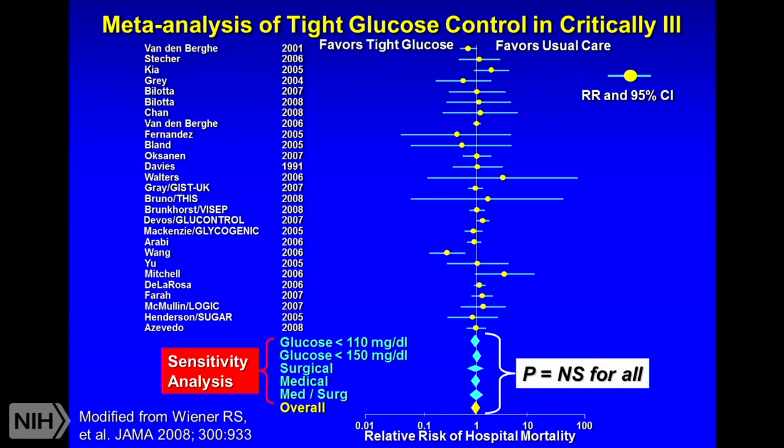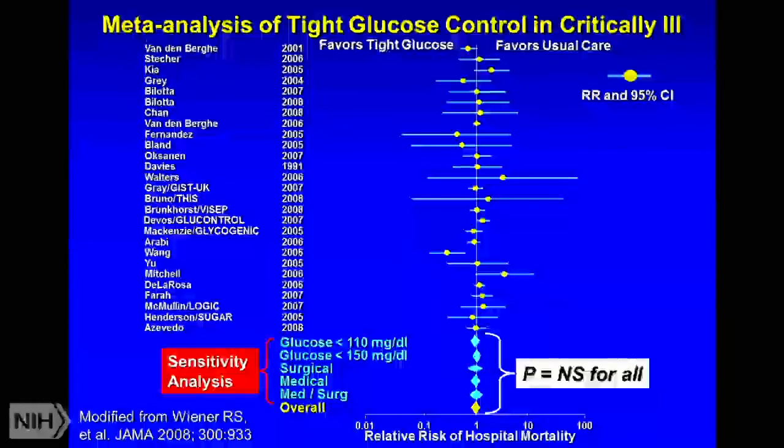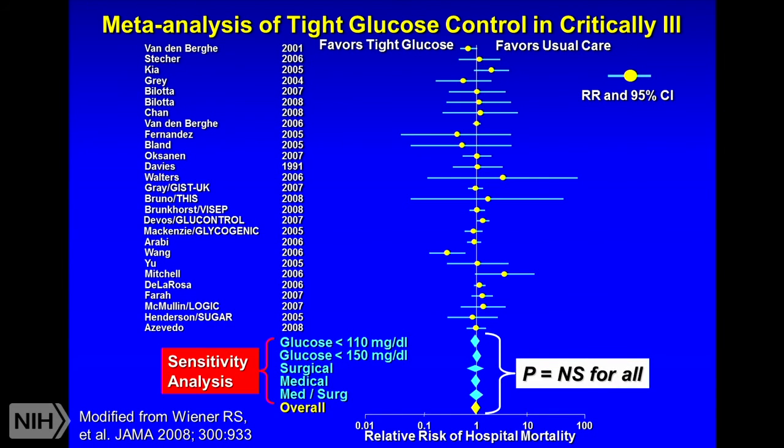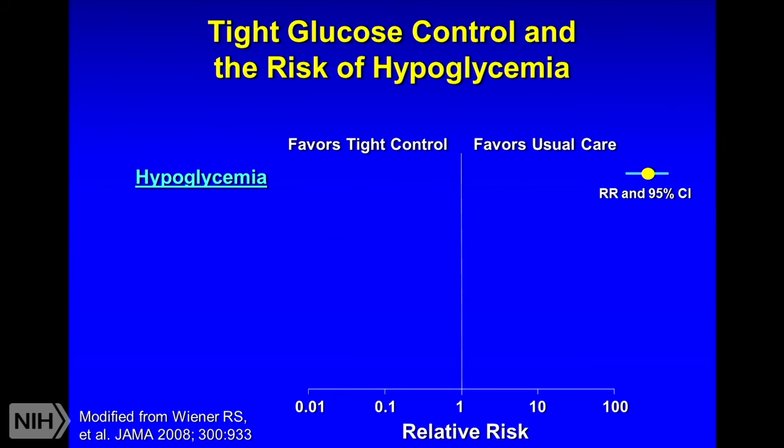Really, they couldn't reproduce this original study's effect. So what was the problem, or why was there a harmful effect? What you found, in those studies that reported it, is that whether the glucose was kept less than 110, you got hypoglycemia.